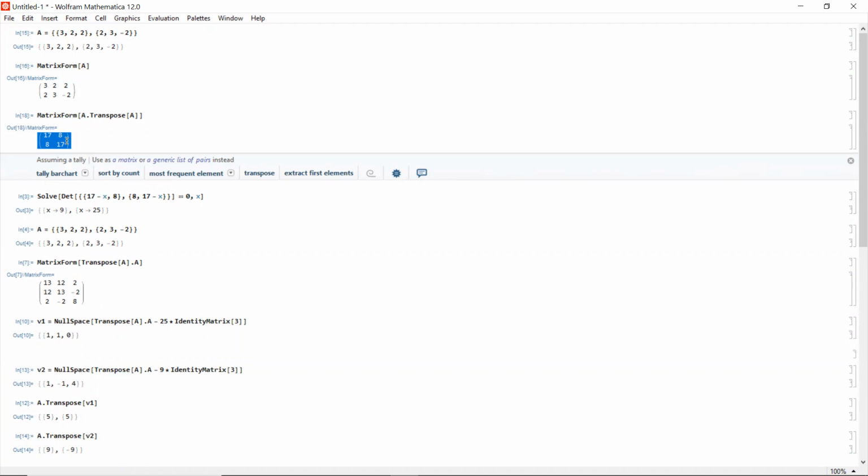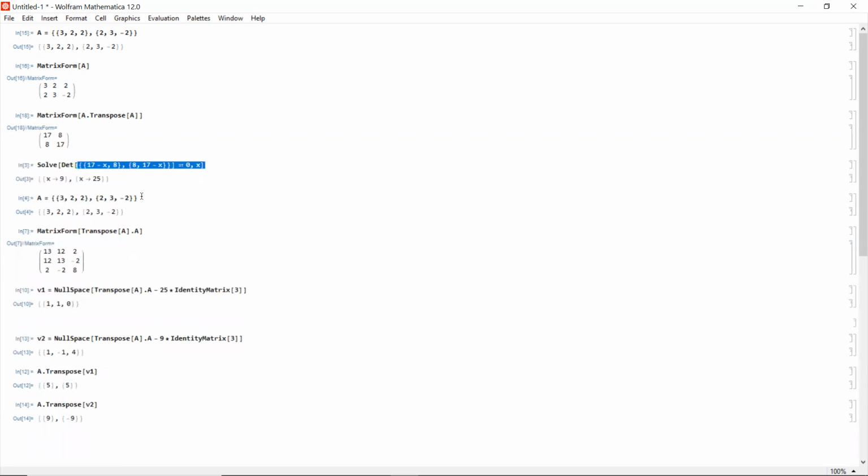So we have to calculate the eigenvalues. If you remember, how do we calculate the eigenvalues? We have to subtract lambda times identity, or x times identity, and calculate the determinant. And the zeros of the determinant are precisely the eigenvalues of the matrix. So here I already subtracted x times identity, then calculated the determinant, and I'm searching for the zeros of this determinant.